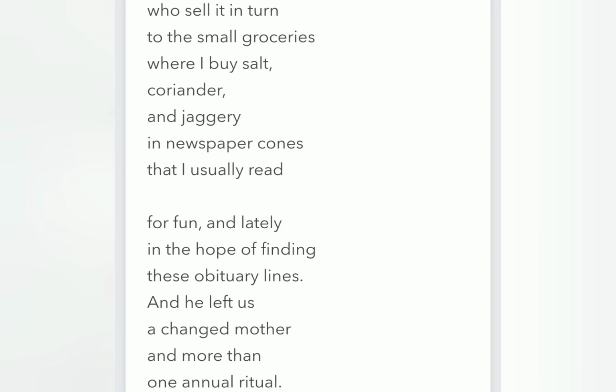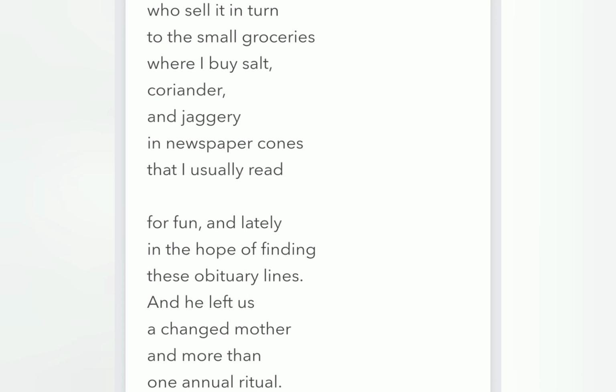So he is not giving importance or value to his father. The sellers use these papers to pack grocery items for the customers, just like very normal things that happen in our life.